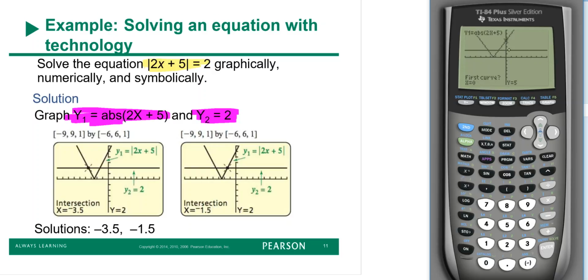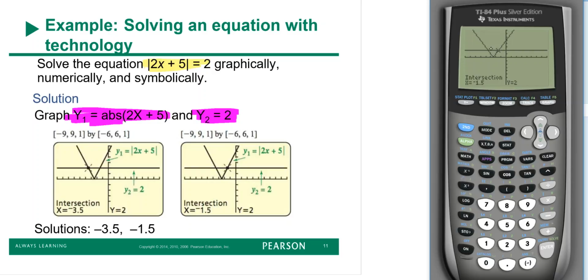You see how that flashing point is on the absolute value? That's where we want it. And then the second time after you hit enter, you want it on the horizontal line. And then you hit enter again, and it tells you that this intersection point is at negative 1.5 for the x. So that's one of our solutions that we got doing it algebraically.